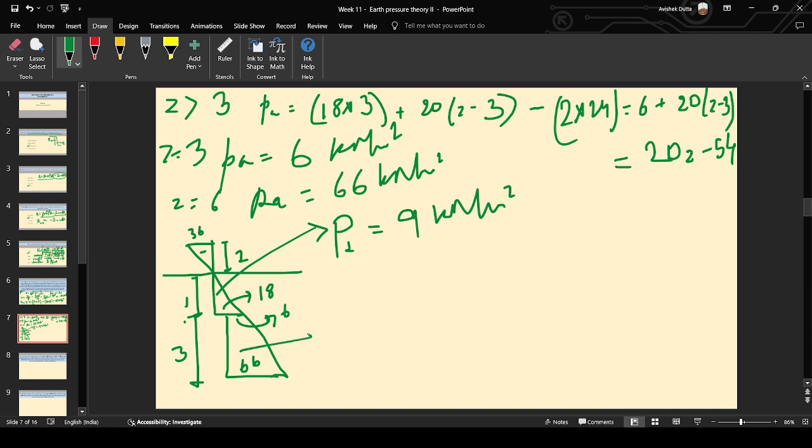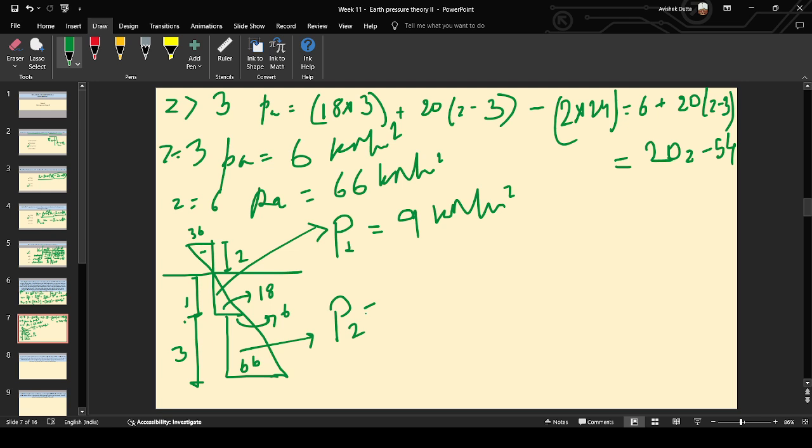This is P2, half into sum of the parallel sides into height for trapezium, that is half into 66 plus 6 into 3, gives the value of the area of trapezium or the thrust per unit meter.